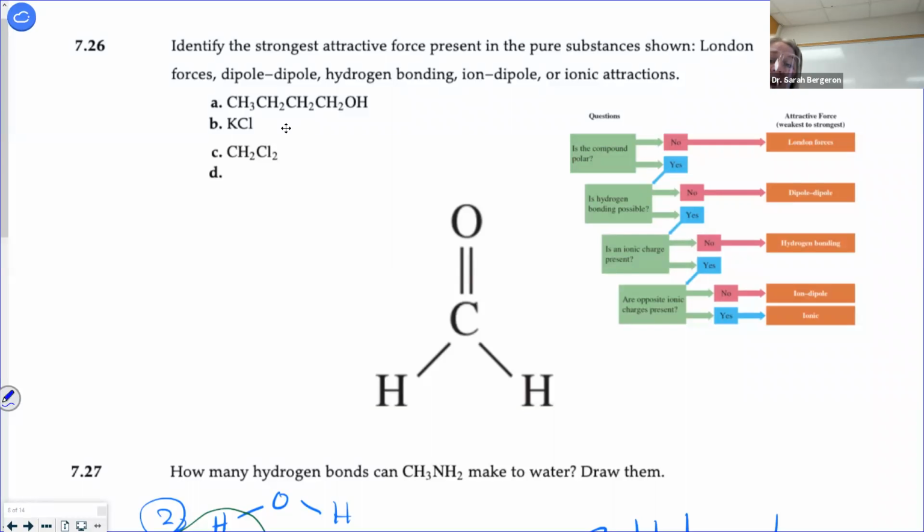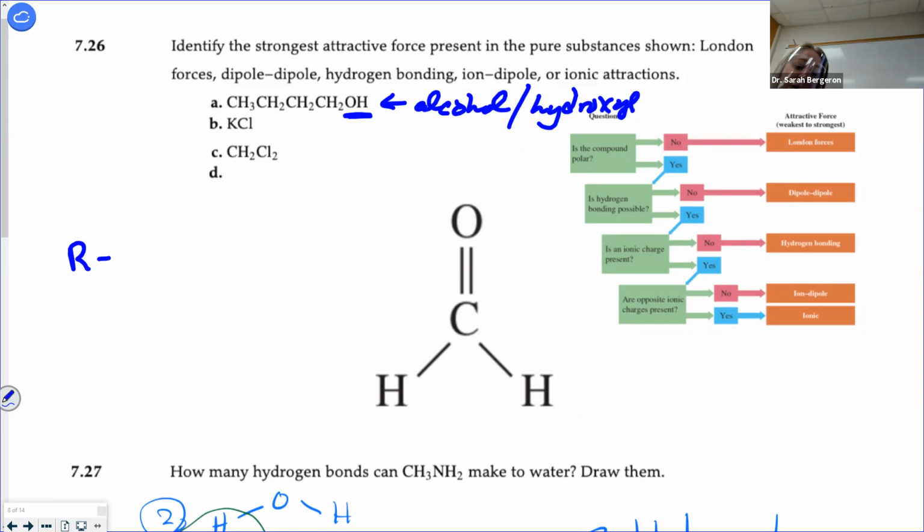So tell me about that hydroxyl. We call it an alcohol or a hydroxyl. What are the properties of oxygen bound to a hydrogen? I have an R group that's bound to a carbon with 2 hydrogens and an OH, right?